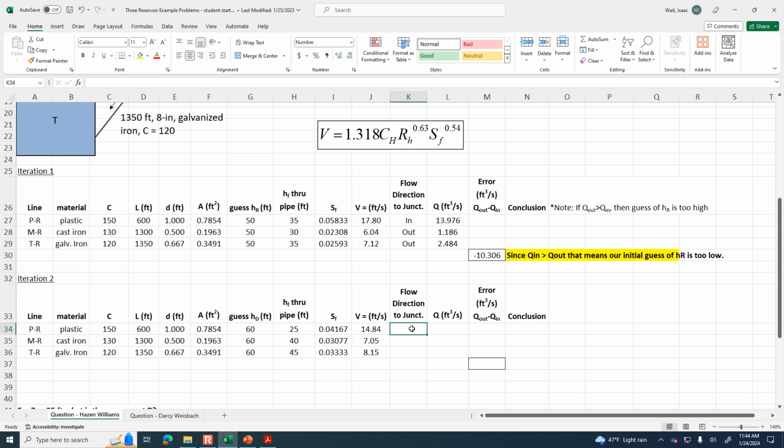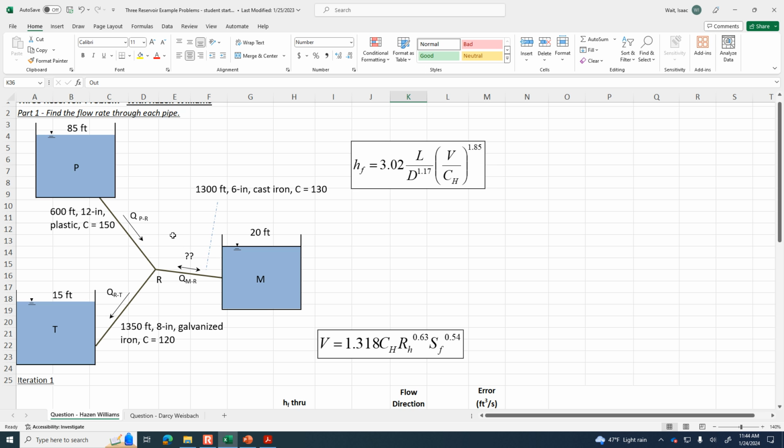Again, it's going to be water flowing into the junction from that reservoir and out of the junction from these. Why in from this one and out for that one? You just have to think about it: there's a certain amount of head at R. We said in this next guess it was 60.